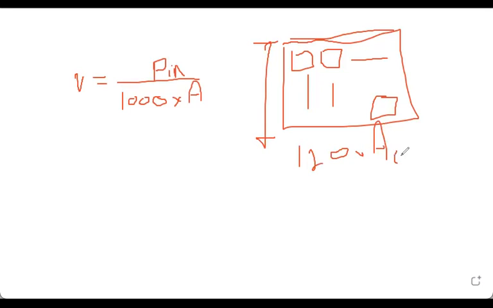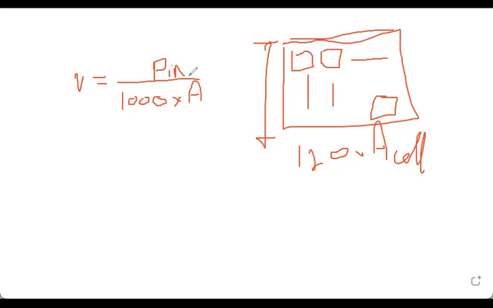That's true. It's 120 times the area of each cell, which will of course come with a number smaller than this A, because there are some areas which are not considered as solar cells in the module. So this will result in a smaller area.